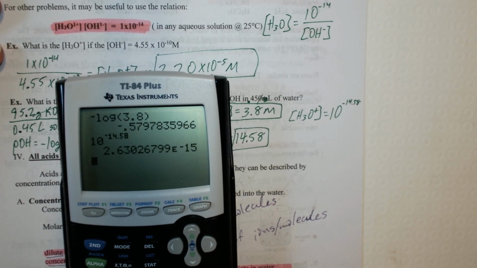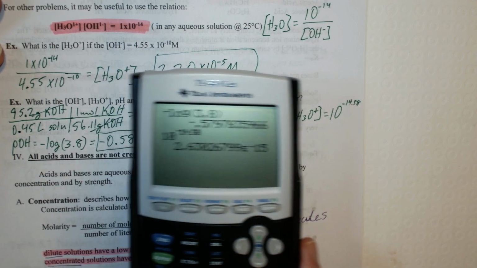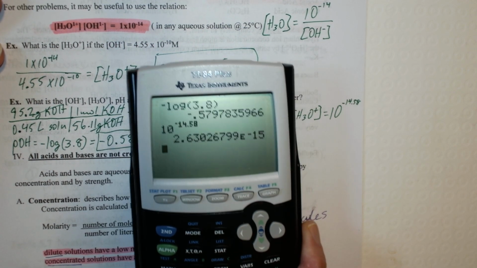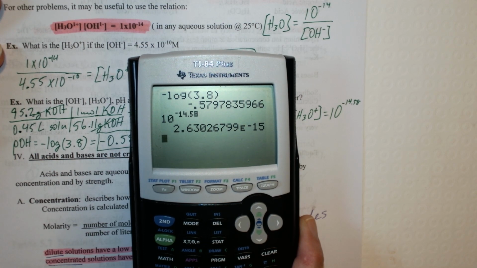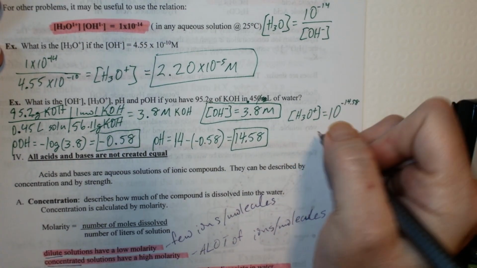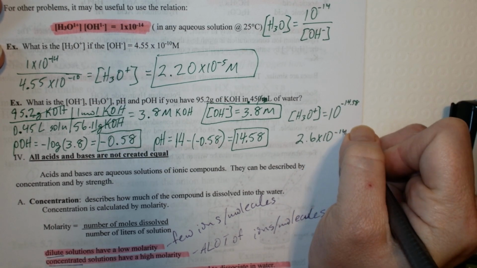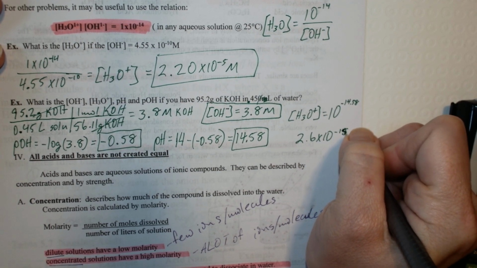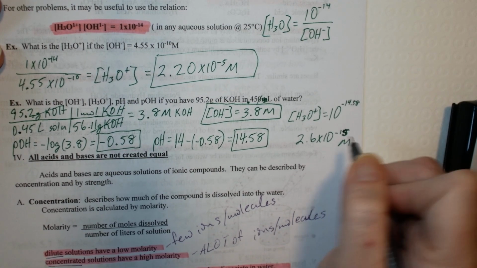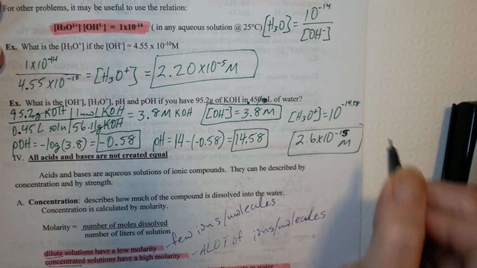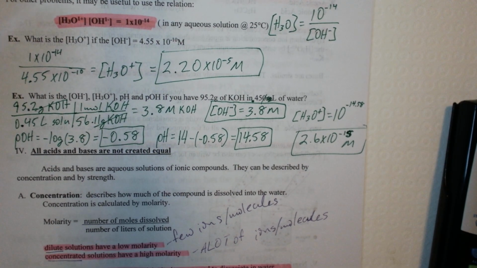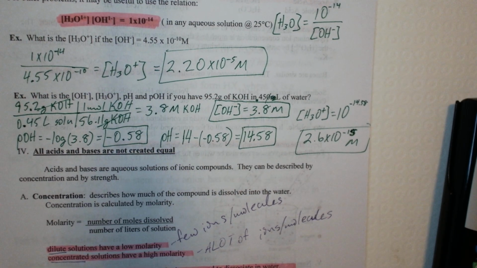And so that is going 2 places past the decimal. So my answer should be 2 sig figs. So I get 2.6 times 10 to the negative 15th molar. And that's the end of lesson 6.